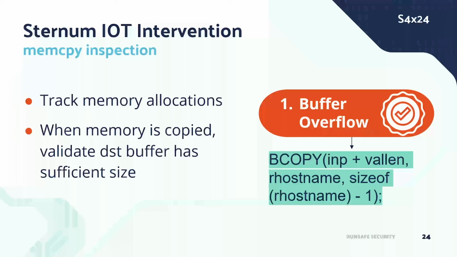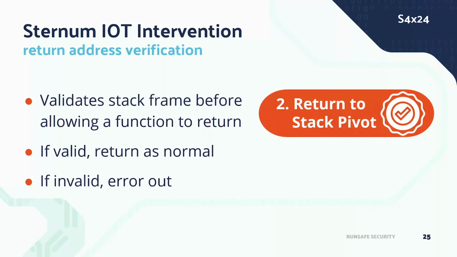They're going to actually see that copy and say, hey, that copy is not a valid copy, and stop the buffer overflow from happening, error out, and the adversary is not going to be able to gain control of the device. The second place they can provide that validation if you don't have the buffer overflow checking on is to actually look at that input validation and validate that the stack frame is correct. And in this case, the stack frame is not going to be correct, so you won't be able to take control there either.